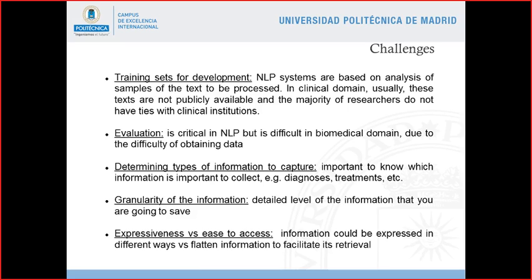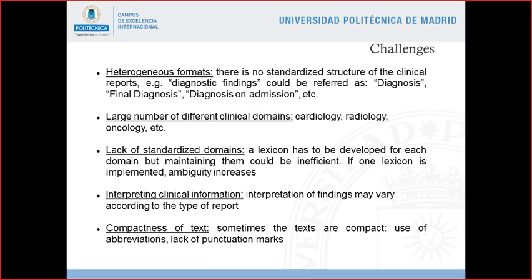If you have easy access to the database, your expressiveness will decrease. As I said, heterogeneous formats: no standardized vocabulary or structure. For example, in the reports you are looking for diagnostic findings, and you can find diagnosis, final diagnosis, diagnosis on admission, diagnosis on release, etc.